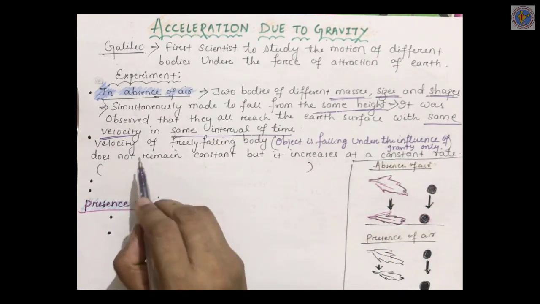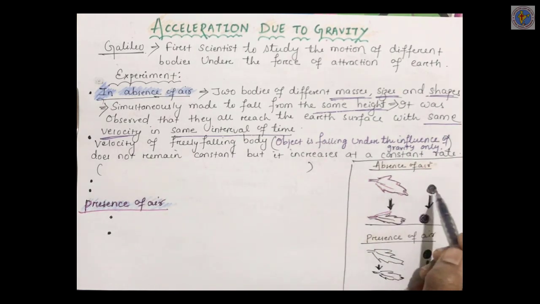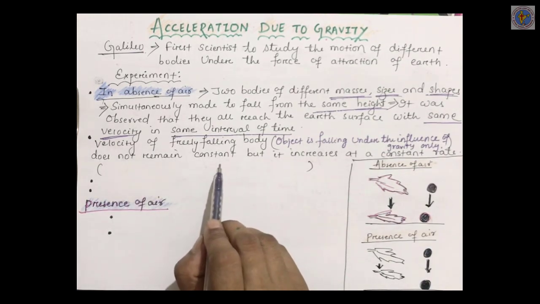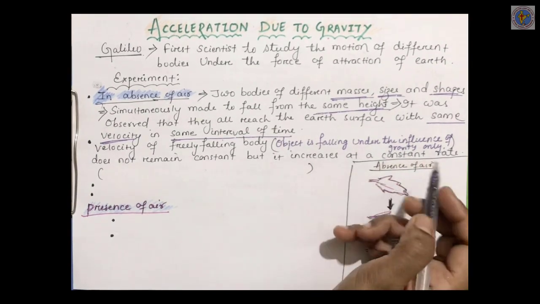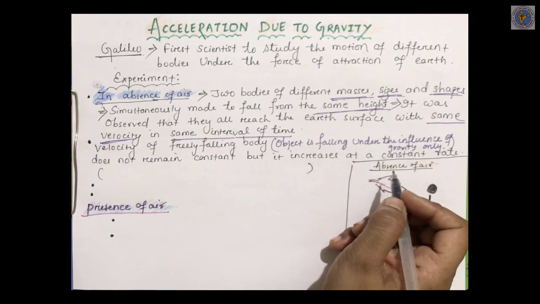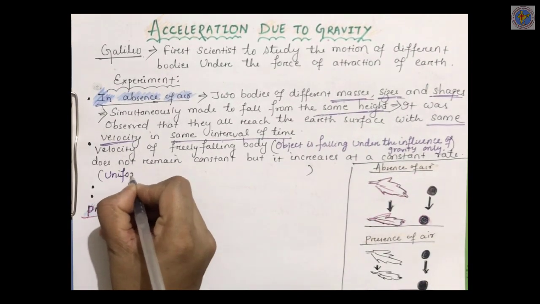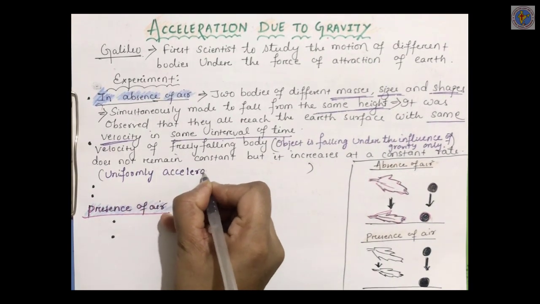These two bodies are considered freely falling bodies. He observed that the velocity of a freely falling body does not remain constant; it was increasing at a constant rate. That means the motion was uniformly accelerated motion.